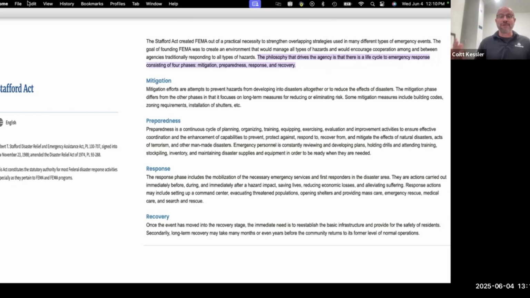Preparedness, we're involved in training. We should be in training. I mean, you're flying in the national airspace, you got to fly these drones. Response is pretty self-explanatory. I mean, it's game day. And then recovery is the back end of this and how we're able to map an area.